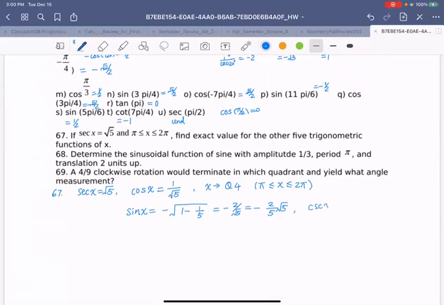And cosecant x will be the reciprocal. So this is negative square root 5/2. And then tangent x equals sine x over cosine x.